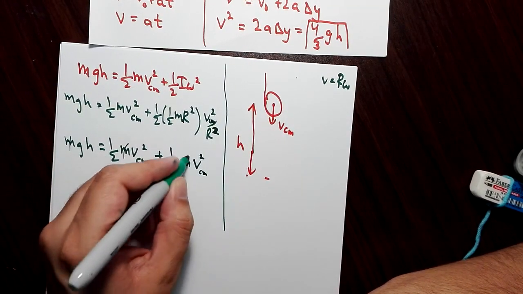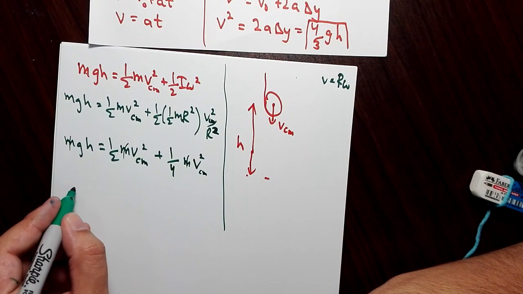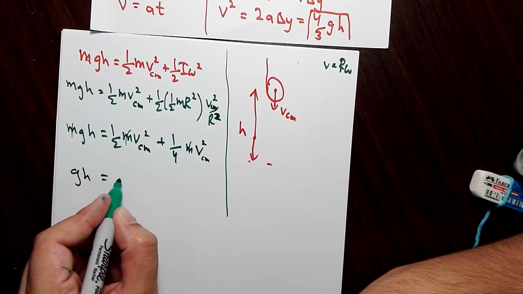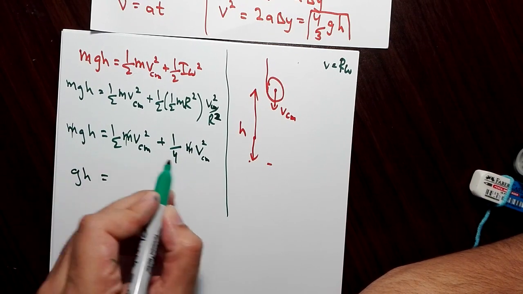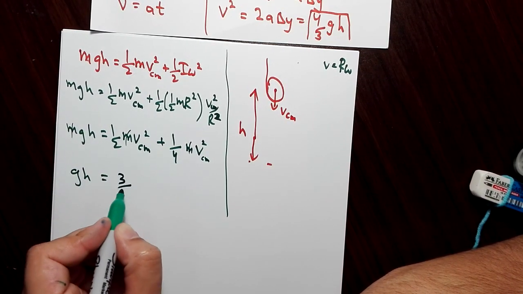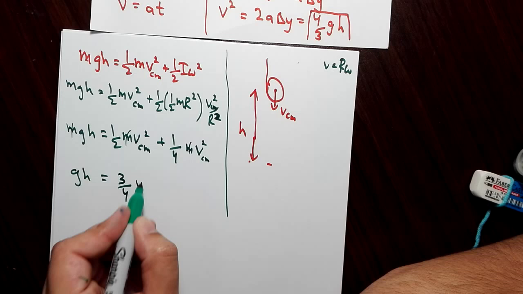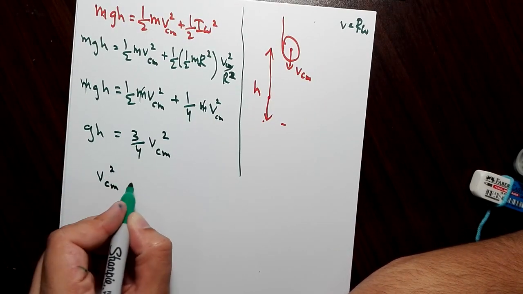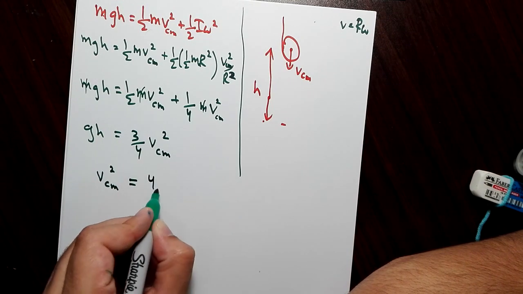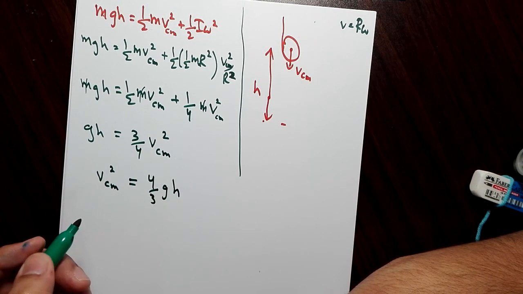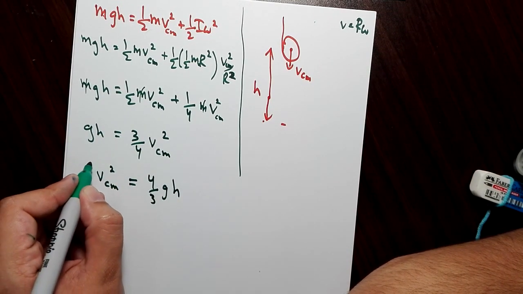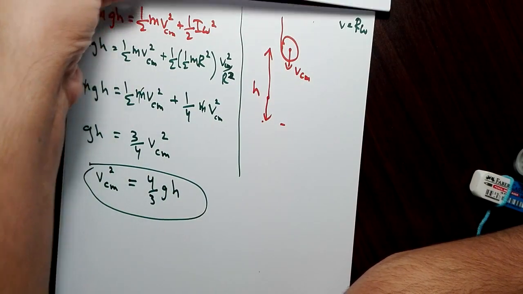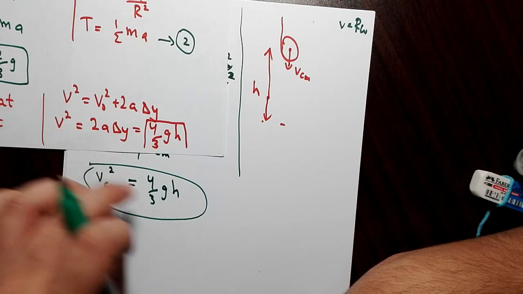So the mass cancels out, and you get gh equals, so that 1 by 2 plus 1 by 4 is 3 by 4, times v center of mass squared. So v center of mass squared is 4 by 3 gh. Interesting, right? This is the velocity after it falls a height h. You can see we got the same answer.